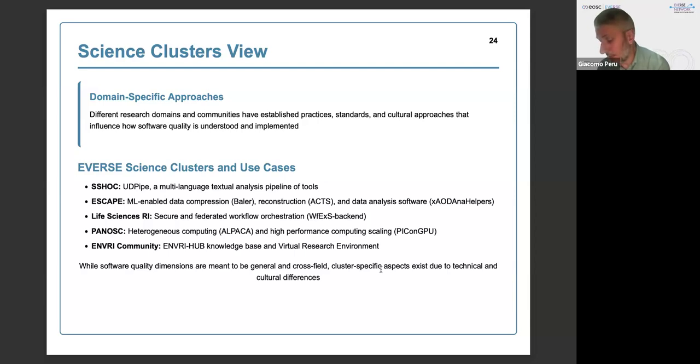These differences mean that the personas will be supplemented by other roles in some clusters, and that certain dimensions will be considered more relevant by some personas in certain clusters. The framework accommodates these differences whilst maintaining consistent underlying quality principles across all domains.